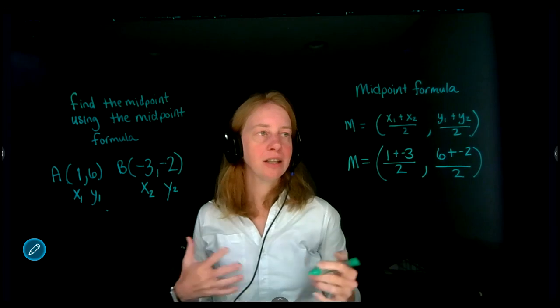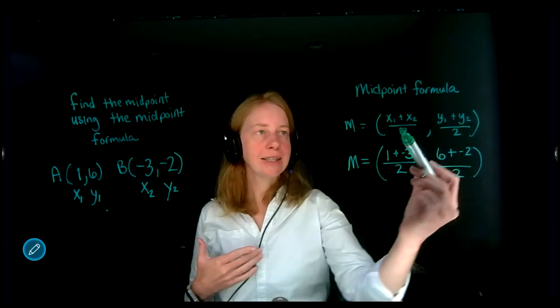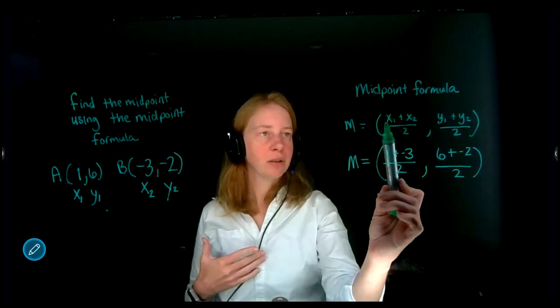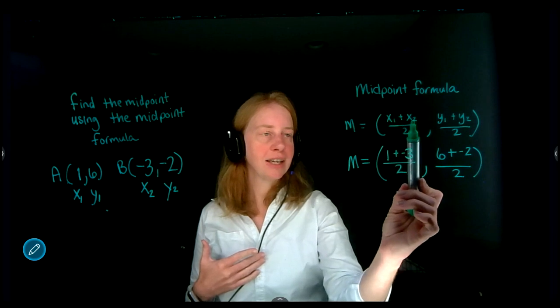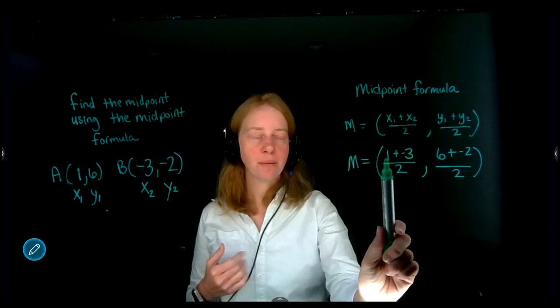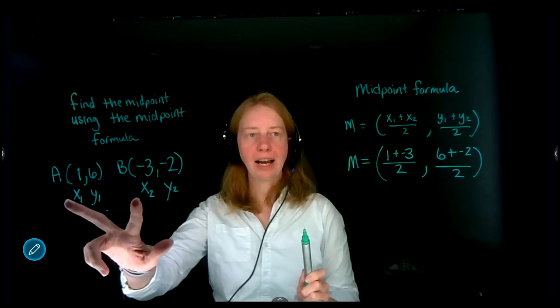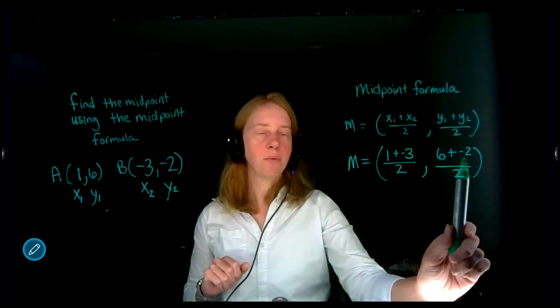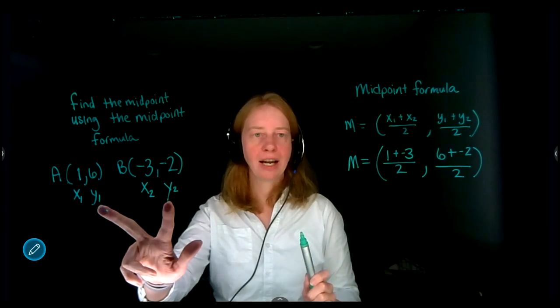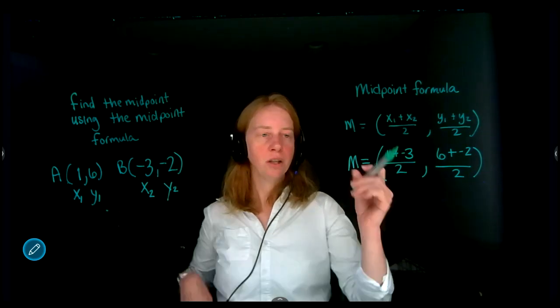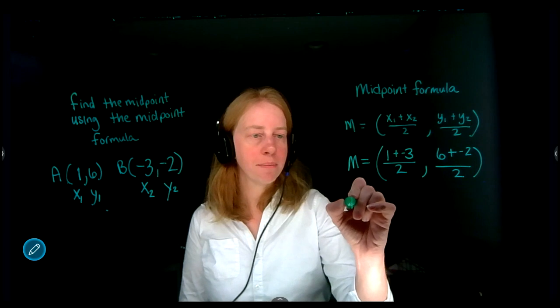Okay, so I've written this formula exactly the way that I have it with the X1 and the plus and the X2. I've just substituted the X1 and X2 for exactly what I have over here, and the Y1 and Y2 for exactly what I have over here. So now I'm going to go ahead and do that math.